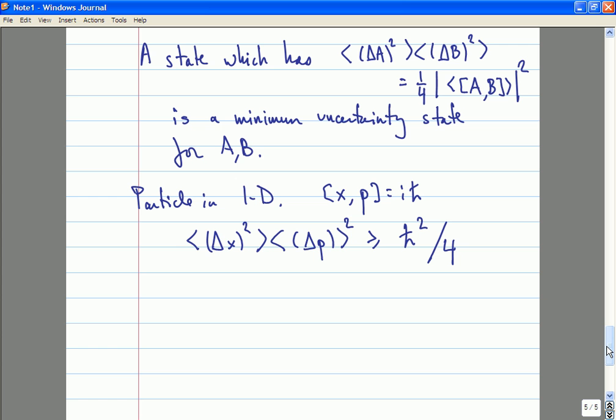Well, I will just tell you the answer. All of the minimum uncertainty states take the form of the exponential of a Gaussian, possibly with some momentum.